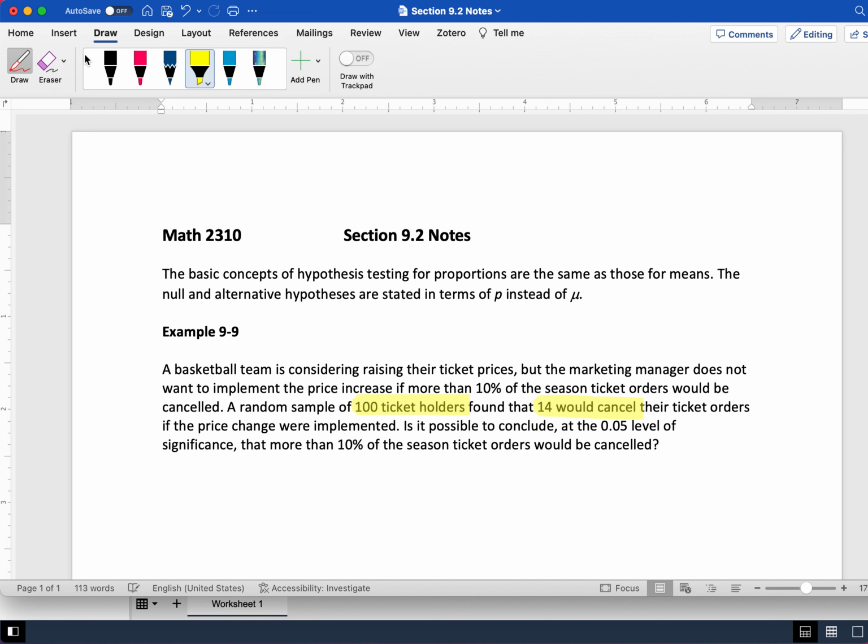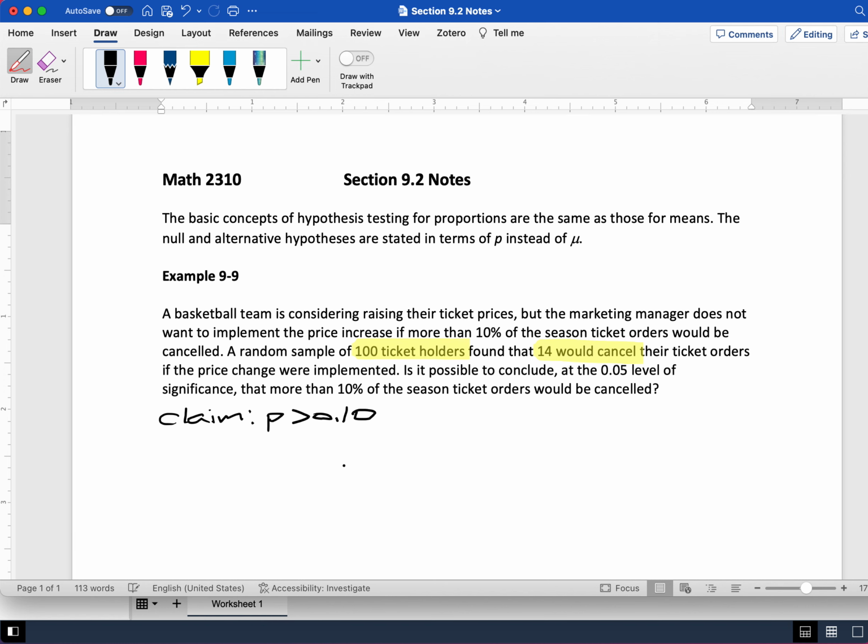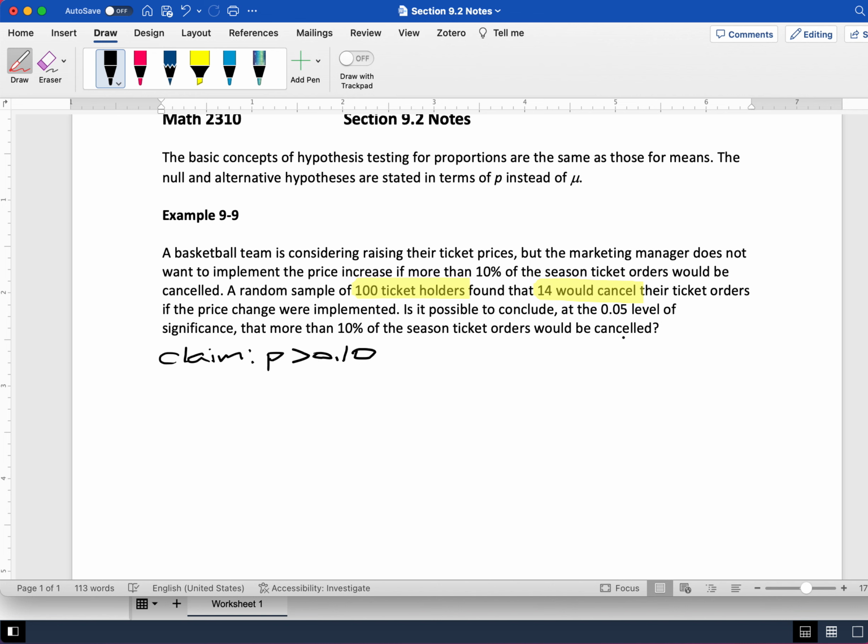And our claim here, or our question, is: is it more than 10%? So is the proportion more than 10%? So that's our claim. And that means that our alternative hypothesis is going to match that.